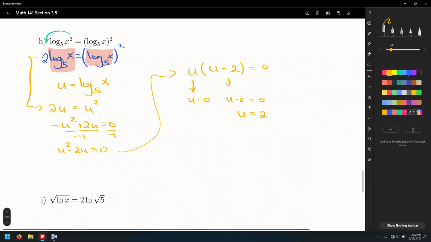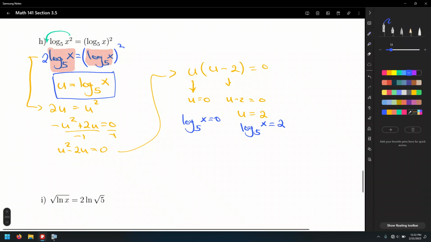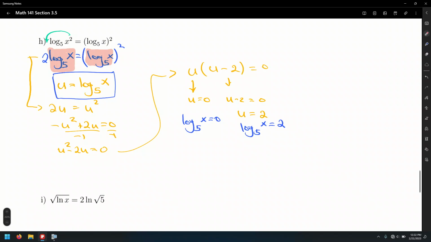So I'm going to back substitute for u, which in this case is log base 5 of x equals 0, and log base 5 of x equals 2. And in order to undo the logarithm, we do the opposite of the logarithm, which in this case is to exponentiate both sides.